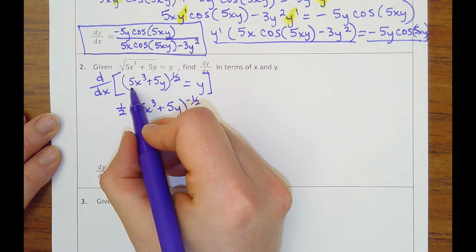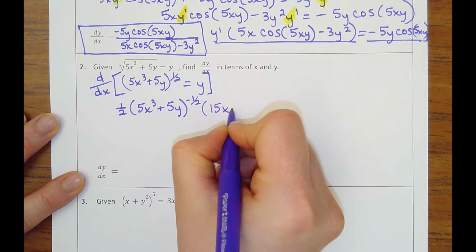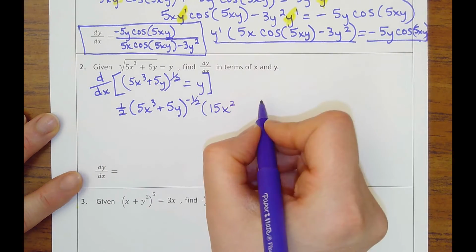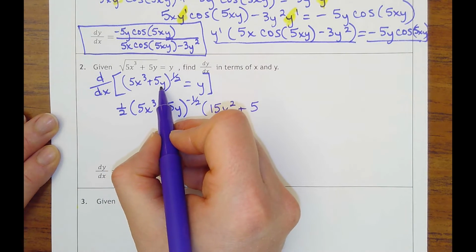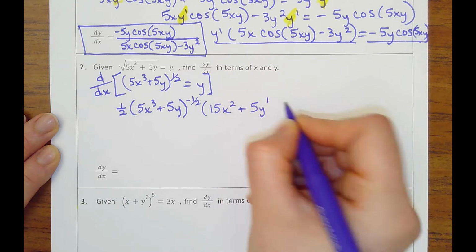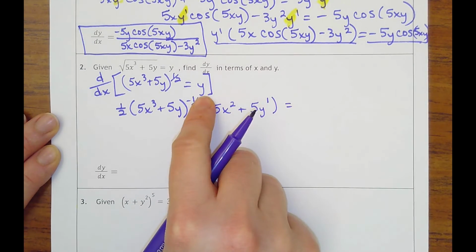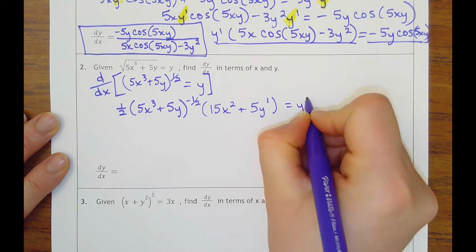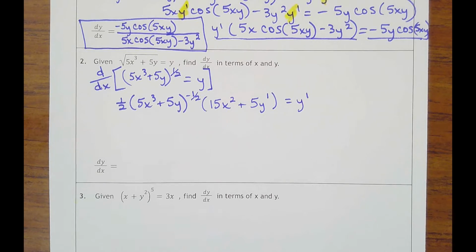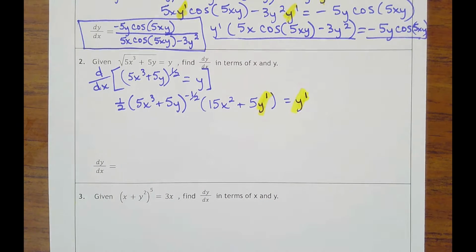Okay, but times the derivative of the inside, which would be 15x squared plus 5. But then since there's a y in there, I have to do y prime. And then also on the other side, taking the derivative of y is really 1, but it'll be 1y prime. Okay, so looking where y prime is, it's here and it's here. We've got some different options.